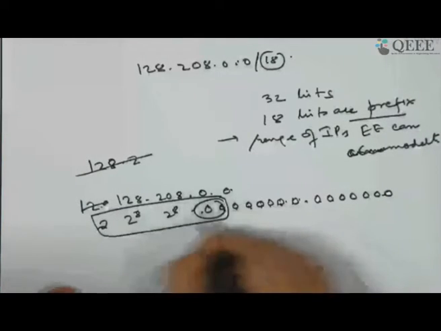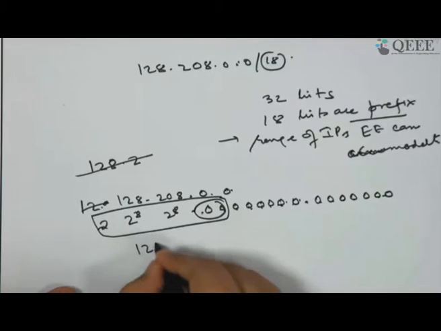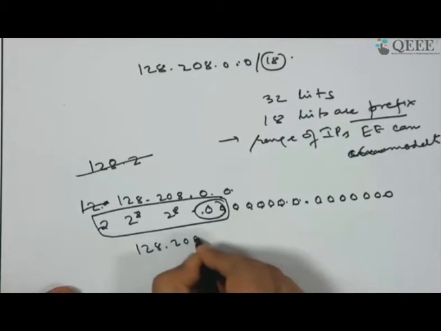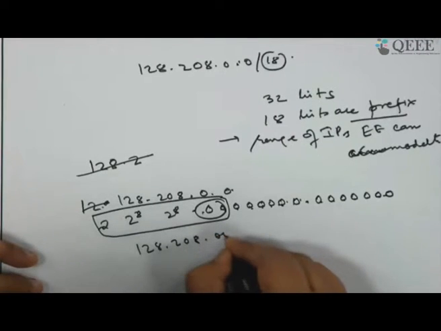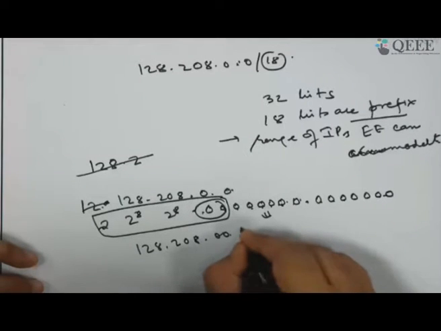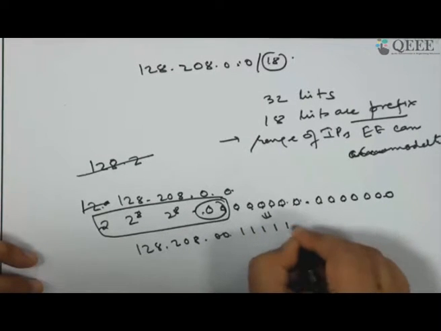This part of the address cannot be shifted or changed, because the prefix is fixed for all IP addresses in EE. So what would this be? 0 0. The last address would be all ones, 1 1 1 1 1 1.